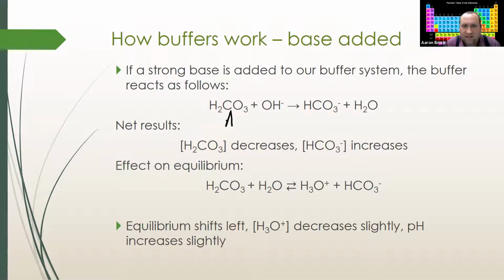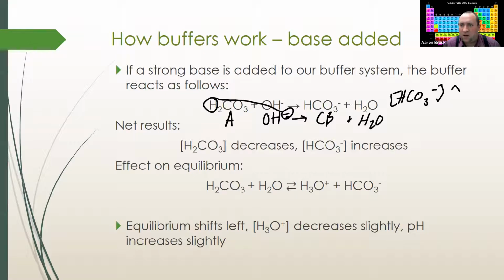So here's my acid, carbonic acid, and we can see that the acid plus the hydroxide is going to give us the conjugate base plus water, where the hydroxide is taking one of those hydrogens off of the acid to form water, and we're left behind with that conjugate base.